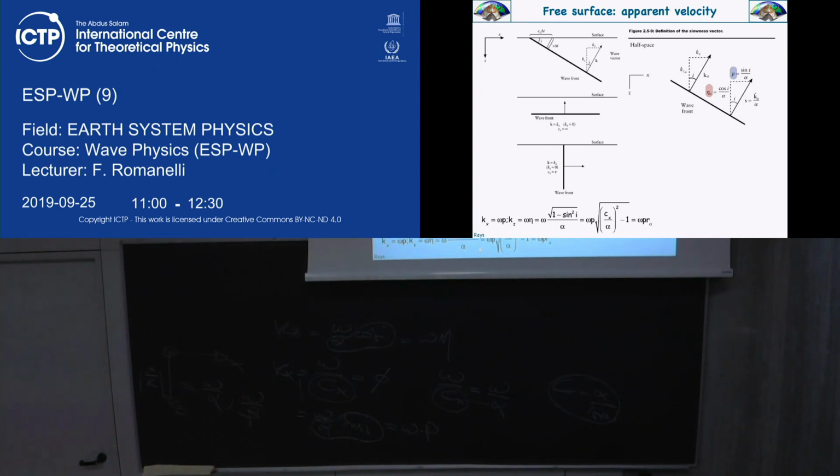Because, for example, we can write the cosine in terms of sine. And we can put together this quantity with this one. Now you take alpha, you take out p, and this is kx, and the relation between kz and kx is contained in this expression here, that is a pure number, and it is called R alpha. It's a name.